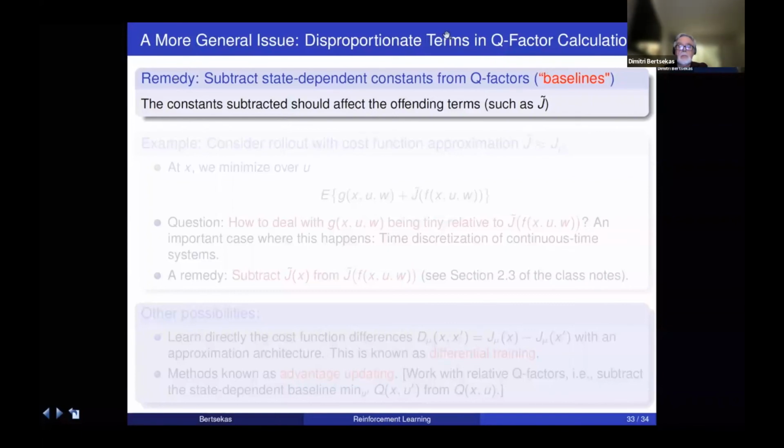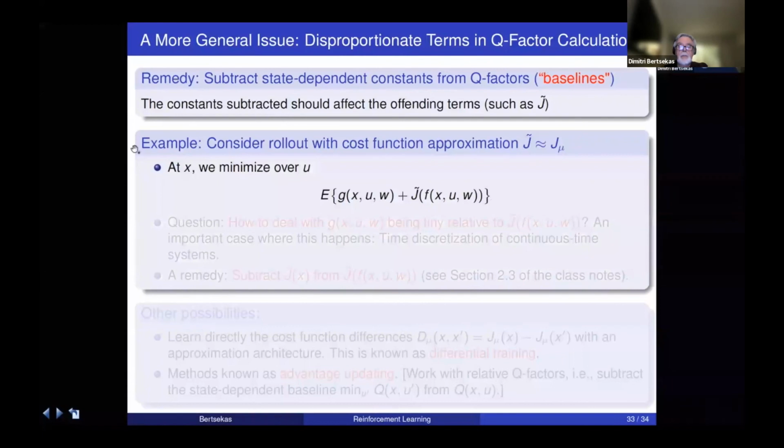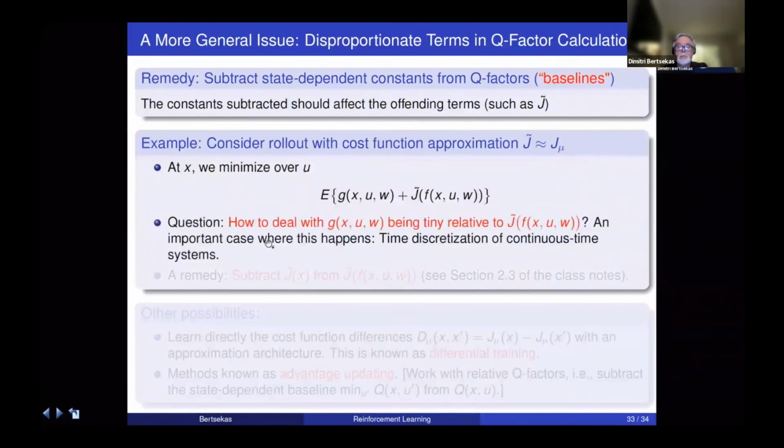Here's an example. Suppose that we have a base policy, mu, and we want to do rollout with cost function approximation, J tilde, that approximates J mu. So the rollout consists of minimization over U of this expression at a given state X. How do we deal with this G term, the cost term, being tiny relative to this cost here? This is the cost of a stage.